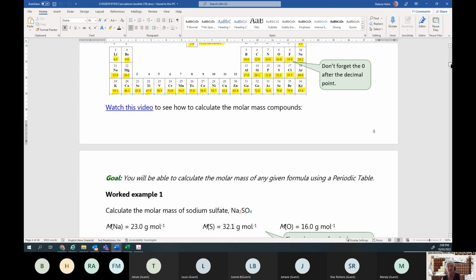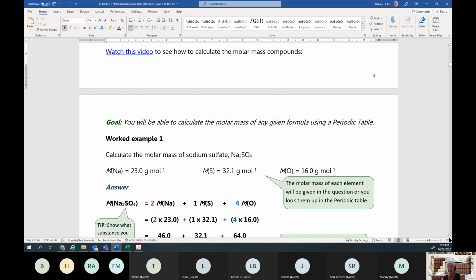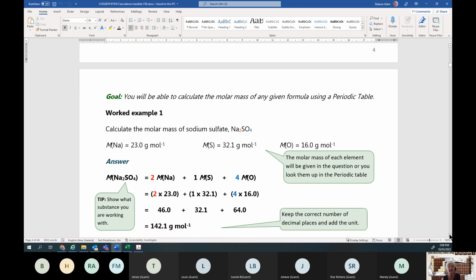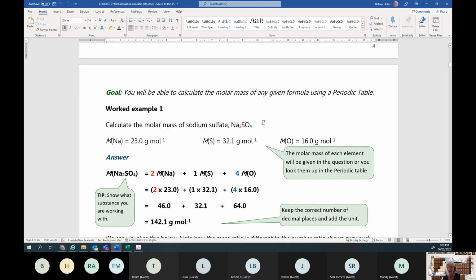And so as an example that I've got here, I had sodium sulfate. Now, sodium sulfate has got 2 sodium atoms, 1 sulfur atom, and 4 oxygen atoms in 1 formula unit of sodium sulfate. So I need to look at the periodic table, and I'll find that the molar mass of sodium is 23.0.